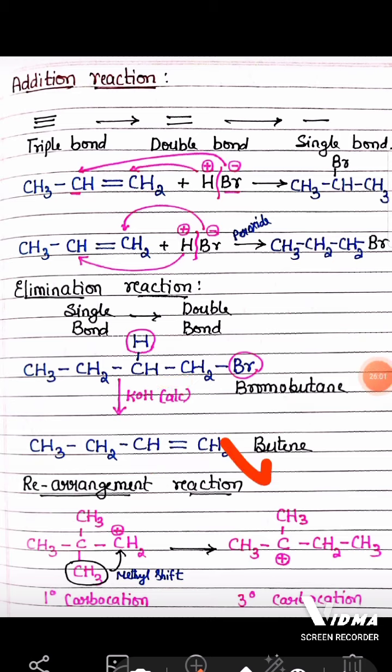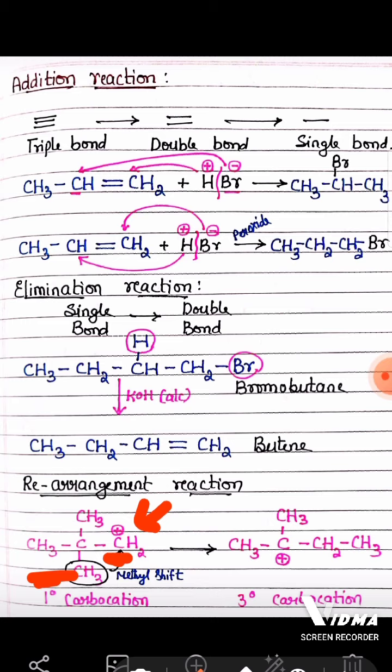In rearrangement reactions, atoms rearrange to get stability. As I already discussed, tertiary carbocation is more stable compared to primary and secondary. So here we have a primary carbocation. To become stable, this methyl group is going to shift to this carbon atom.